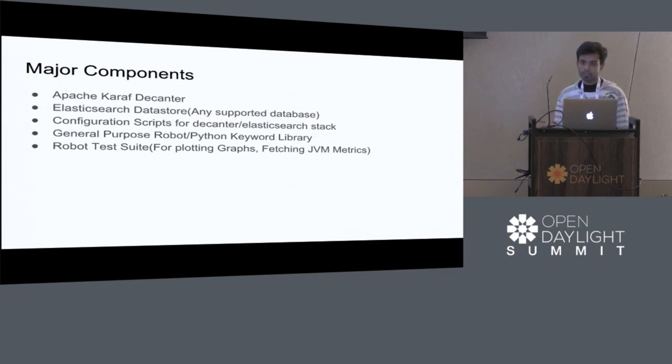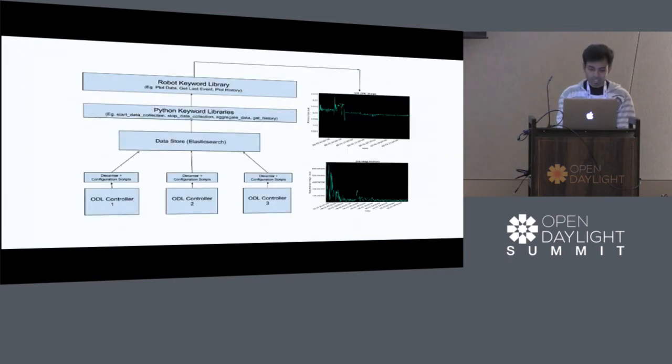But we do have Cassandra, which is being actively developed by the Decanter community. Then there is the configuration script for the entire Decanter and Elasticsearch stack, and the general purpose robot and Python library.